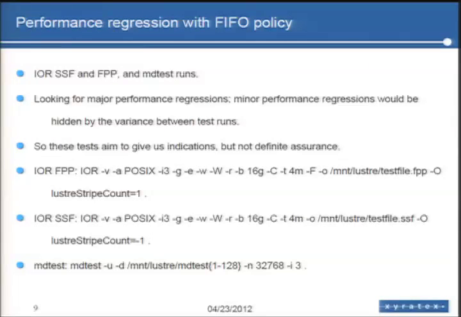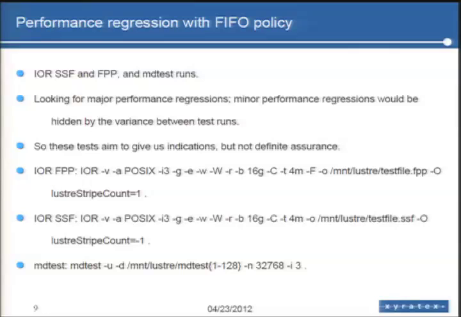So up to the first test. The first thing we want to show is that the NRS framework with the FIFO policy has not introduced any unwanted performance regressions, because if it has, we should probably look back to redesigning stuff, or well, not land this, I guess.